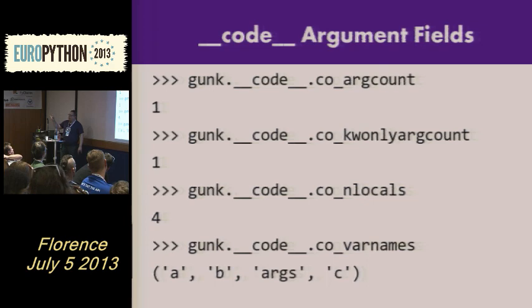All keyword or positional arguments in the order they were declared, followed by all keyword-only arguments in the order they were declared, followed by the star args variable parameter, if you have one, followed by the star keyword arguments parameter, if you have one, followed by all local variables in the order they were declared. It gets reordered here from the way that you necessarily put it inside the function because that's the order that Python operates on it.